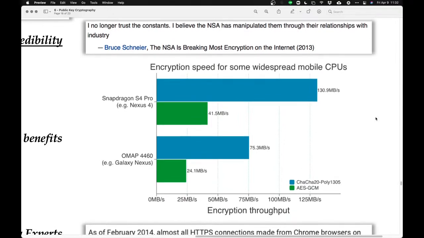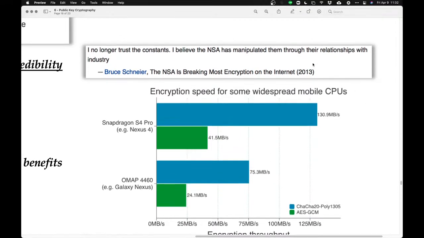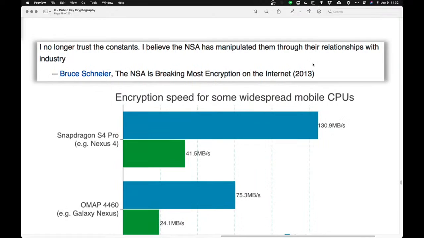Why is this better? First of all, because it's not designed by some government which may have an incentive to give you a cipher that they can break. One of the leading names in security, Bruce Schneier, I think his name will come up more and more as the semester progresses. You can read about him. He's a cryptographer and a public thinker about cryptography, probably one of the best we have in our generation.